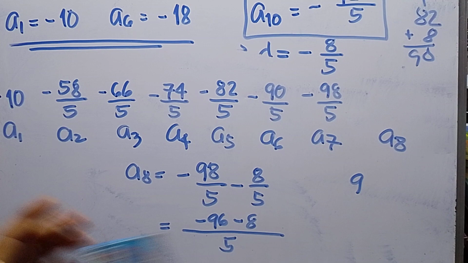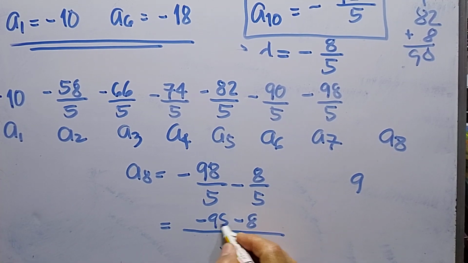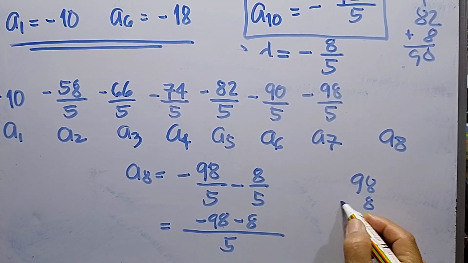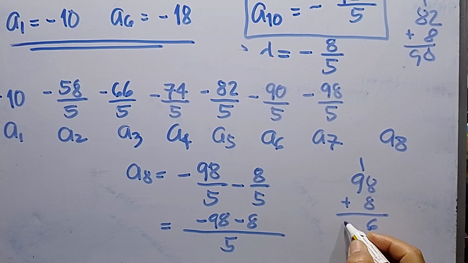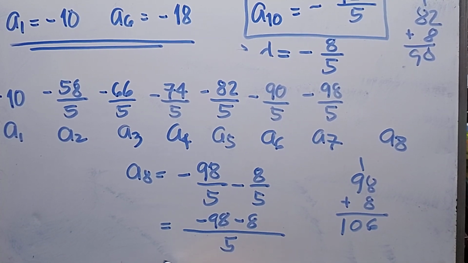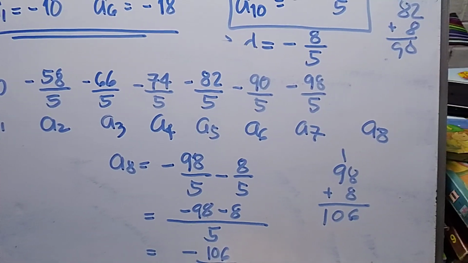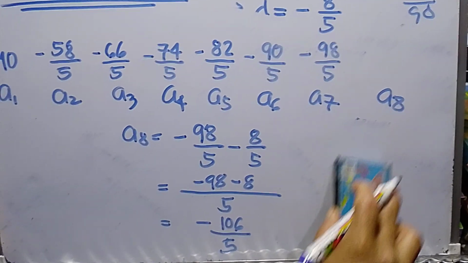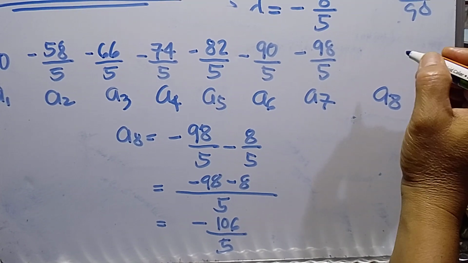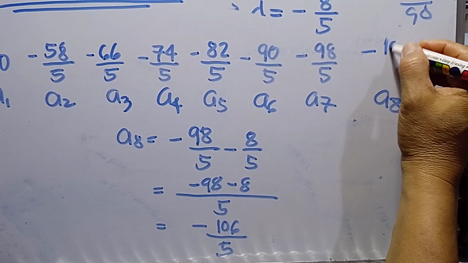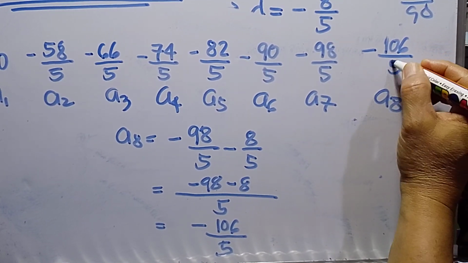So 98 and then 8, this will be 16. Carry 1, 106. So this will be negative 106 over 5. So my A sub 8 is negative 106 over 5.